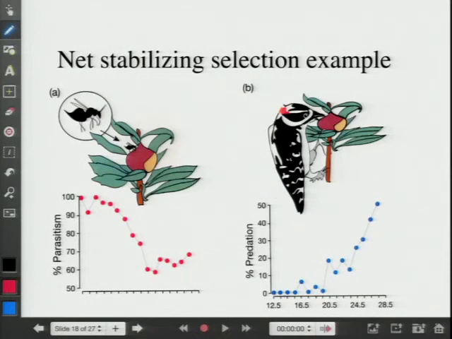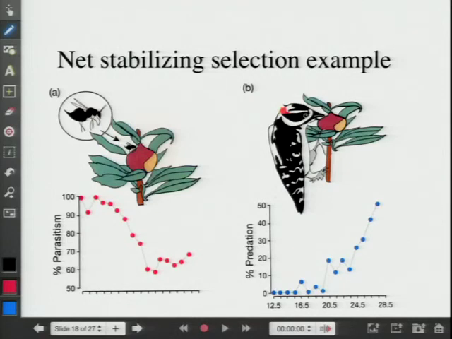There's really two different related reasons why this is so. Can anyone guess why stabilizing selection is more common than directional or disruptive? Give me one of two major reasons. Nope.